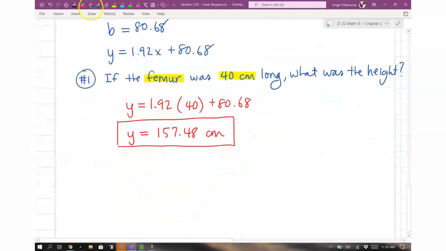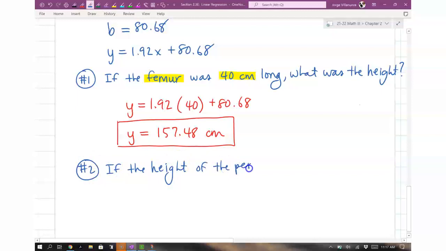Now here's the last question you're going to have to answer. If the height of the person was 160 centimeters, find the length of the femur.